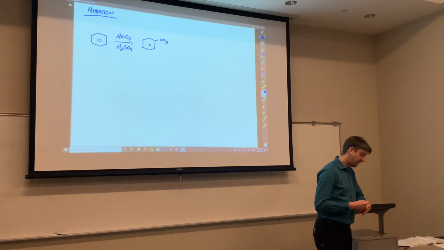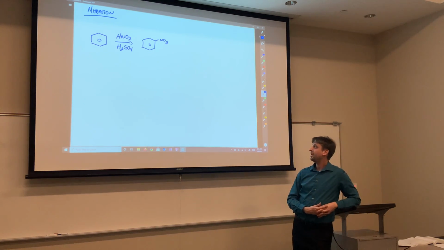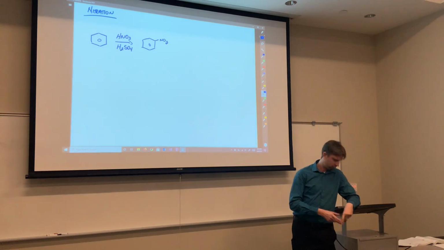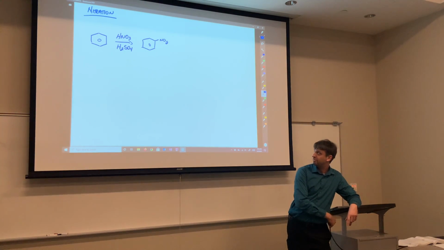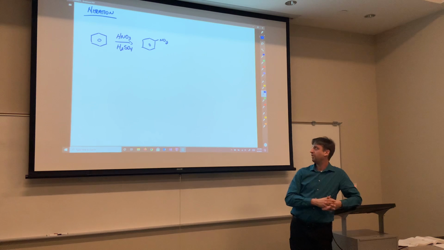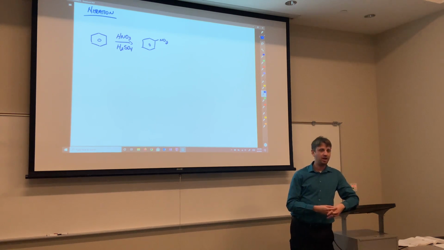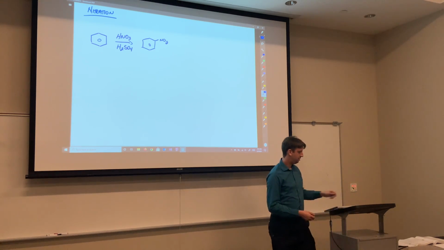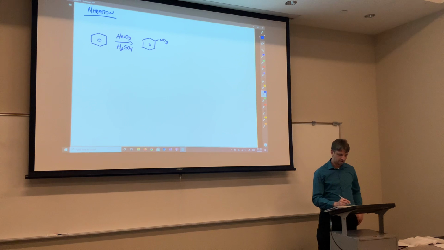And now we've got nitric acid in there. And yet somehow we have to add an NO2 group. What's the electrophile that we're going to generate then? NO2 with a positive charge. Got it? So here's the electrophile I have to generate.